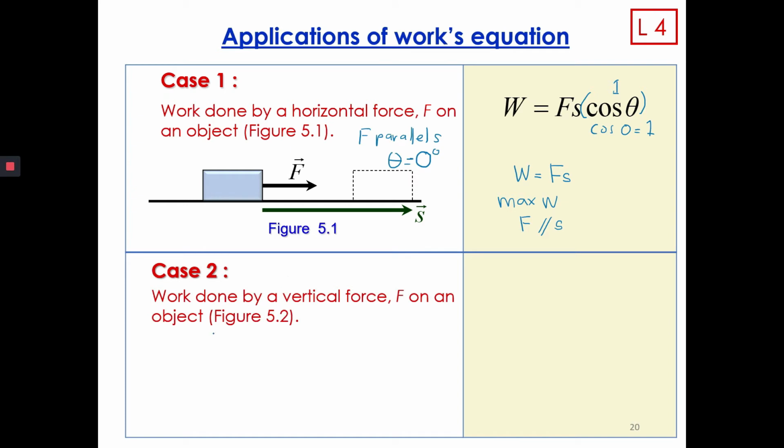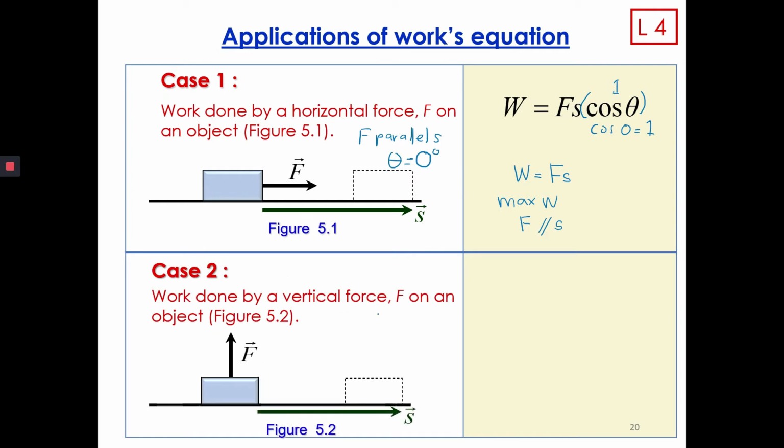Second case, work done by a vertical force. You have a vertical force and an object, but the displacement is to the right. So you have force upward, the displacement to the right. Based on the equation W equals Fs cos theta, let's look at what theta is between force and S. Here, theta equals 90 degrees.